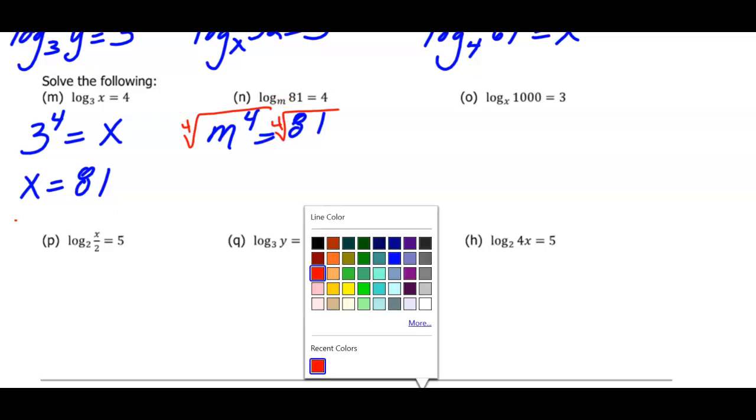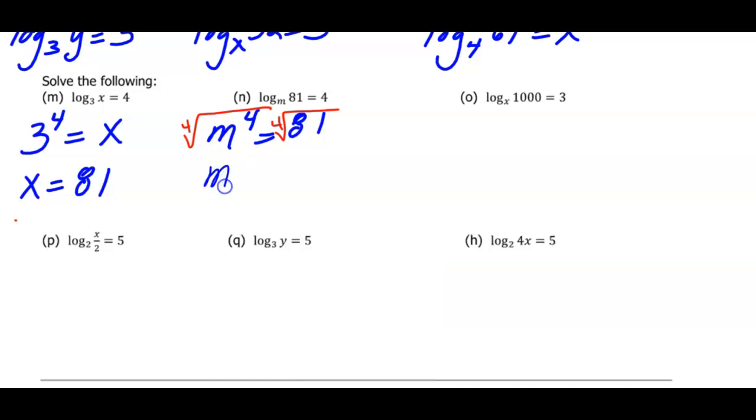So when we take the 4th root of both sides, then m is going to equal the 4th root of 81, which is just 3. Technically, it's plus or minus 3, but we cannot have a negative base. So your final answer is just m equals 3.